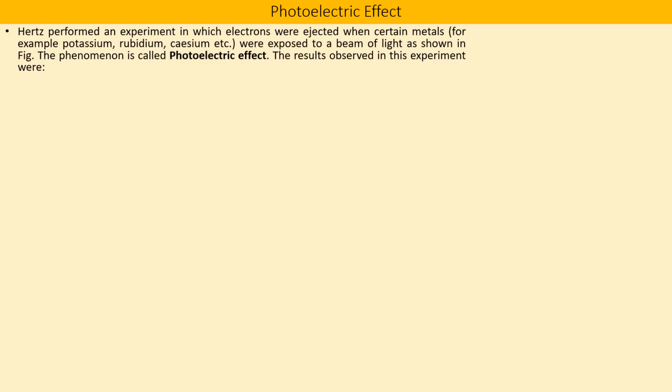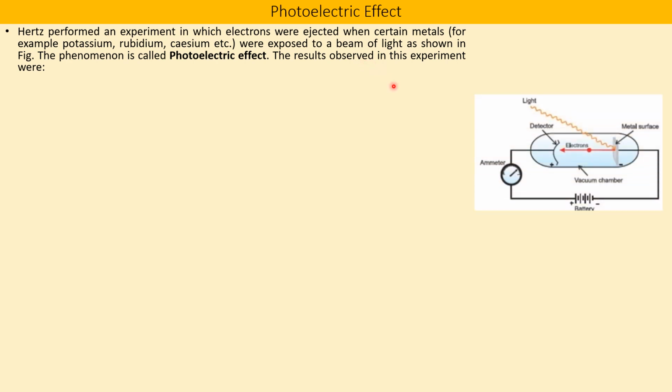In the year 1887, Hertz performed a very interesting experiment in which electrons were ejected when certain metals like potassium, rubidium, cesium, etc. were exposed to a beam of light, as shown in the figure.